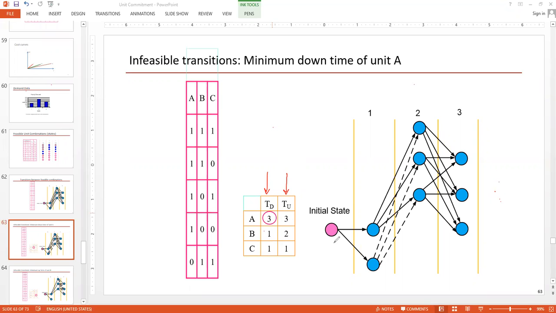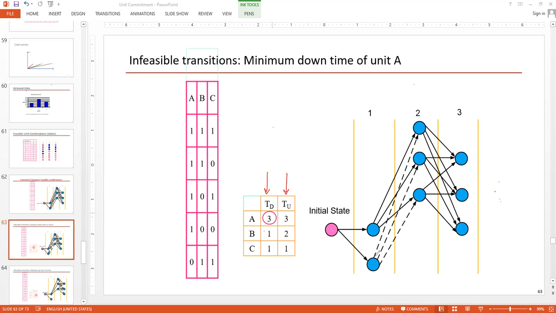So from the initial state, we can have some jumps here and there. If I have a transition from hour 1 to hour 2, is it feasible? We are actually looking for the infeasible ones, which are shown by the dotted lines.